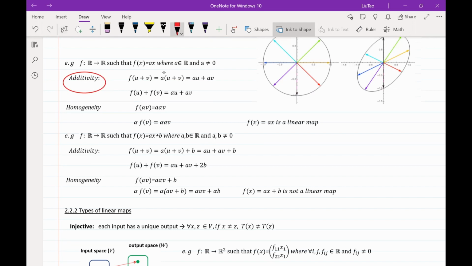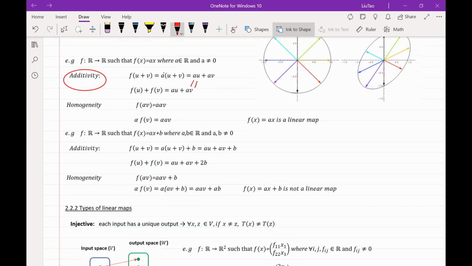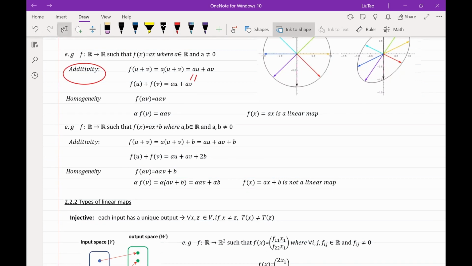We check the left side first. f(u plus v) is equal to a times (u plus v), which is equal to au plus av. And f(u) plus f(v), when we plug in u and v, we get au plus av. So the left side is equal to the right side. Then this map satisfies additivity.